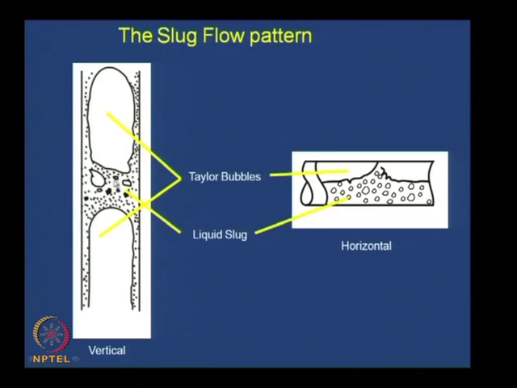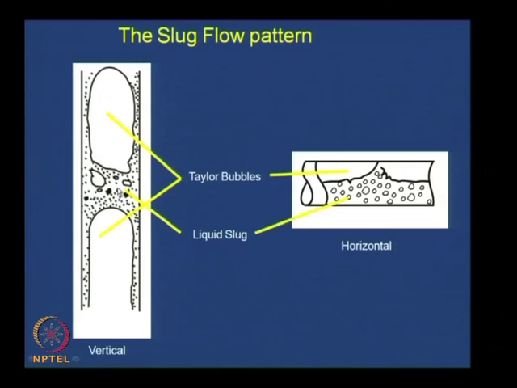Due to the formation of this wake region, a good amount of gas is sheared from the tail of the Taylor bubble and distributes as small bubbles, resembling the bubbly flow pattern in the liquid slug region. Usually we find that the concentration of bubbles is higher just below the tail region, and after that we can more or less assume a uniform distribution of the gas bubbles.